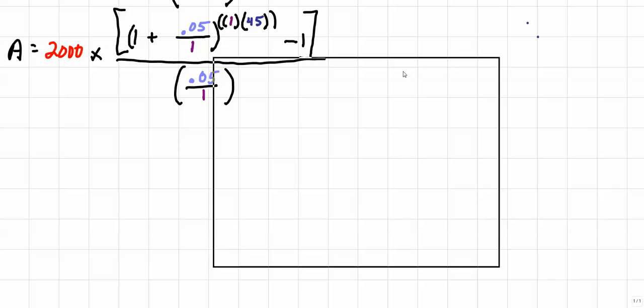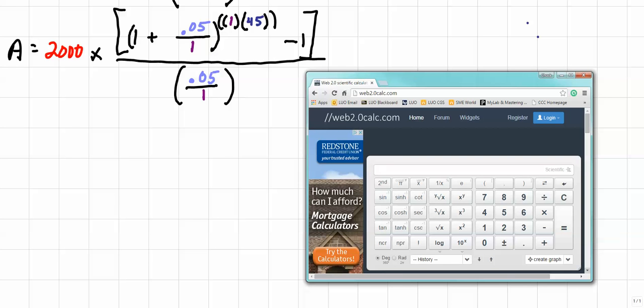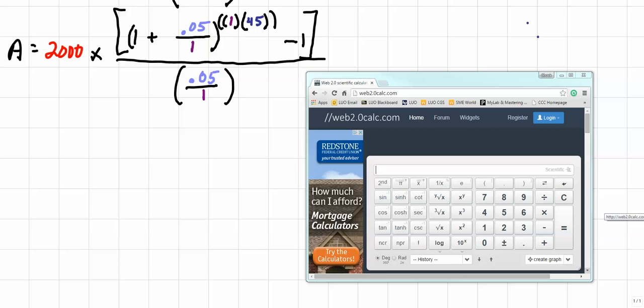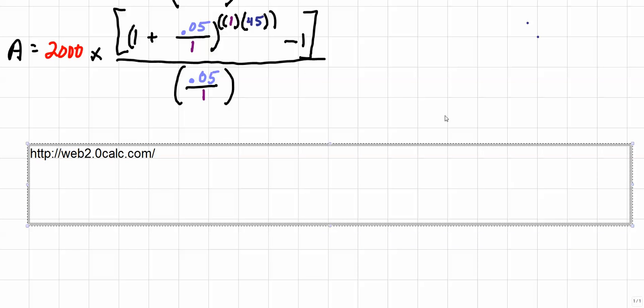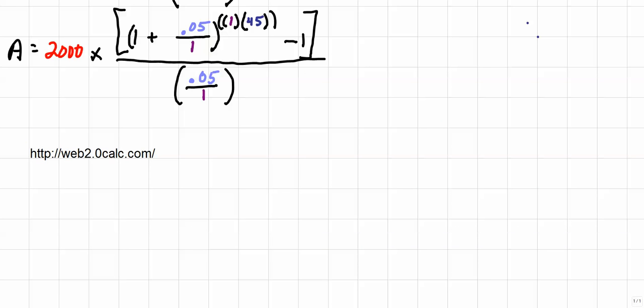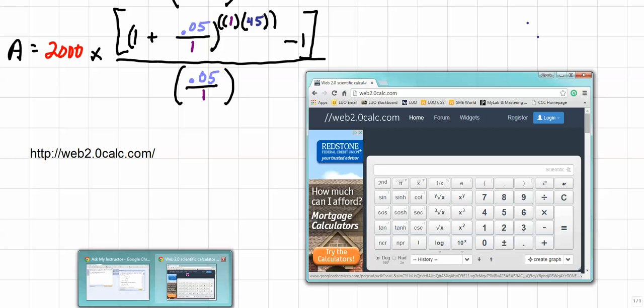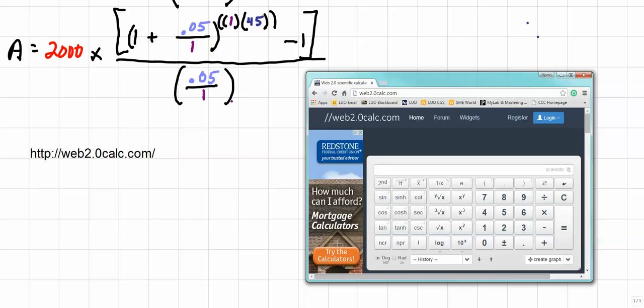So what I do is I use a web-based calculator to show my students exactly what they're doing in order to input the values into the calculator. This particular calculator is Web 2.0 calc.com, and here's the URL.